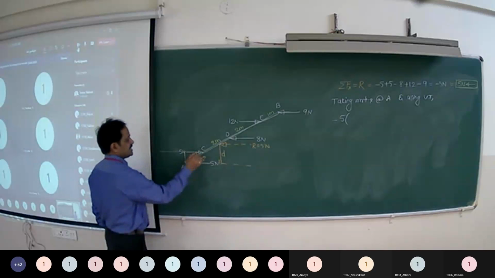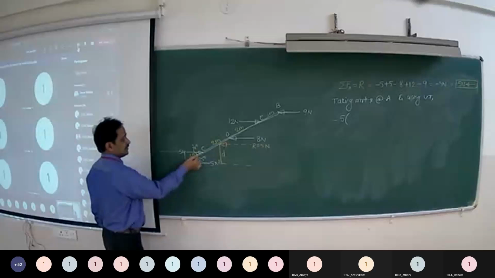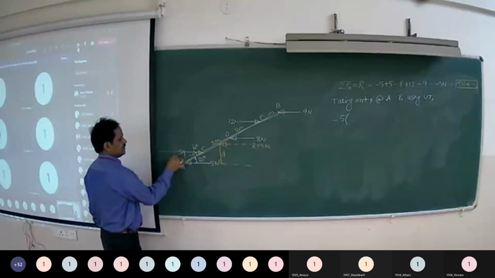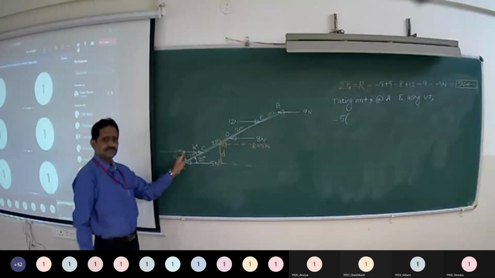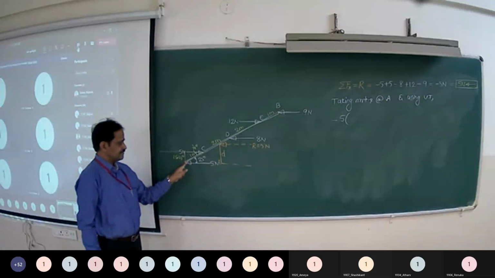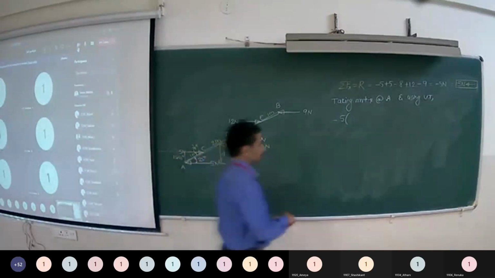We know that this angle is 25, the hypotenuse is 1 meter, the opposite side is 1 sine 25. Am I right? So this perpendicular distance is 1 sine 25.